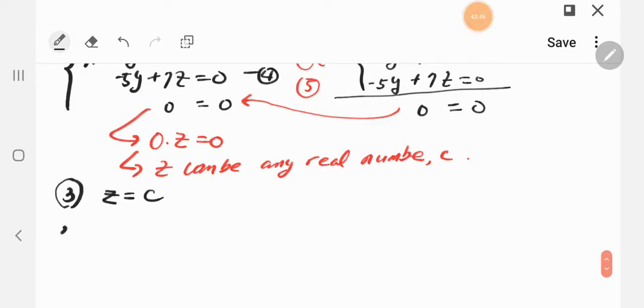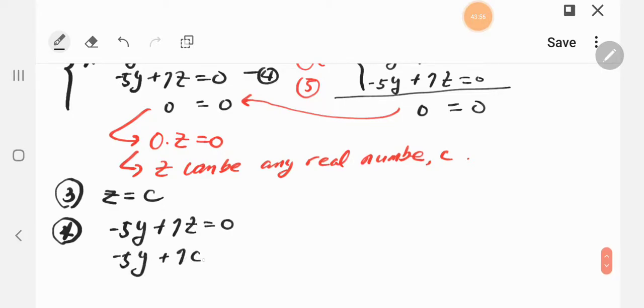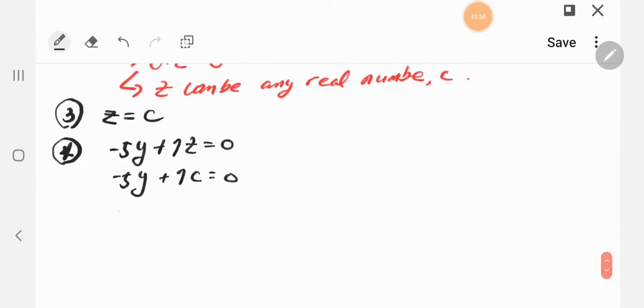And then from the fourth equation, negative 5y plus 7z is equal to 0, so negative 5y plus 7c is equal to 0. Then rewriting the equation in terms of c, y is equal to 7 over 5 c.